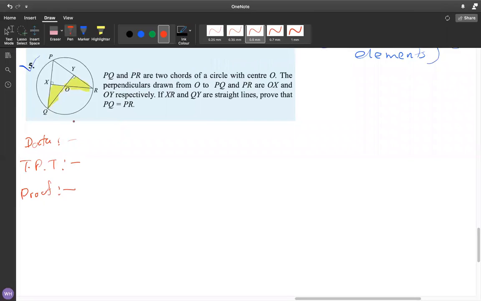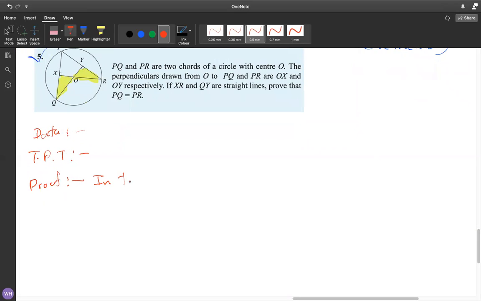So when it comes to the proof, you can say in the triangles OXQ and OYR, what has happened here?